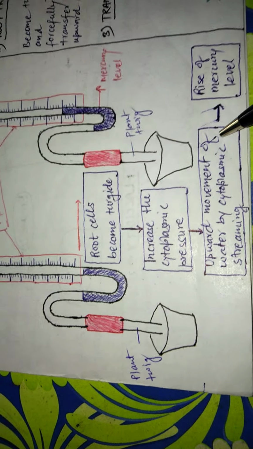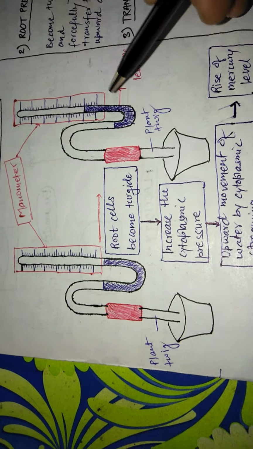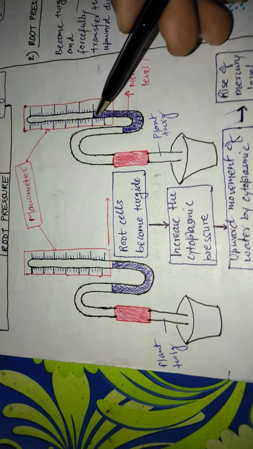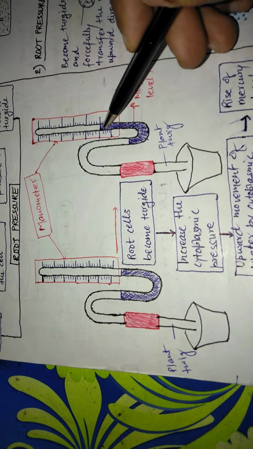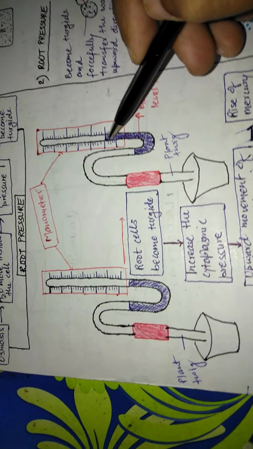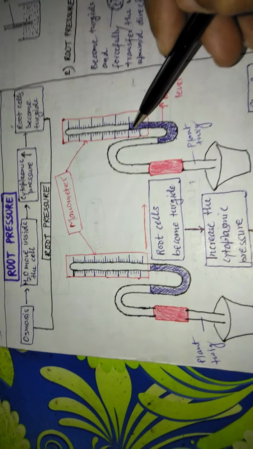Then after this phenomenon, the rise of the mercury level occurs, and due to this rise we can identify the pressure generated inside the roots, and this pressure is known as root pressure. So this is the whole of root pressure. And what is root pressure?